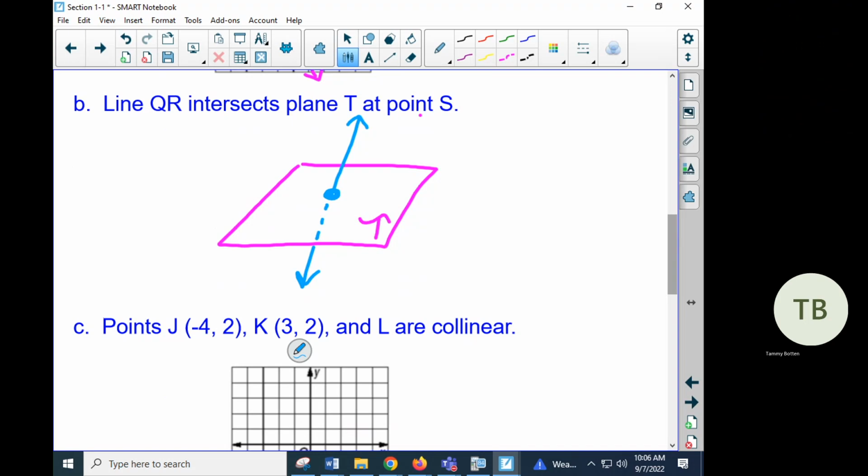And it says line QR, so somewhere on this line, I need to have 2 points. They could be right together, they could be anywhere on here. So that's line QR intersects plane T at point S. So this is point S. Again, you really have to concentrate on labeling everything.